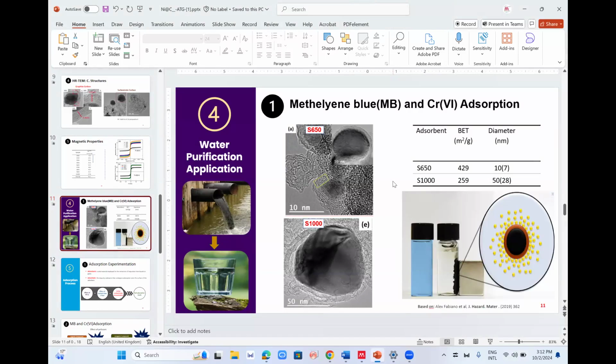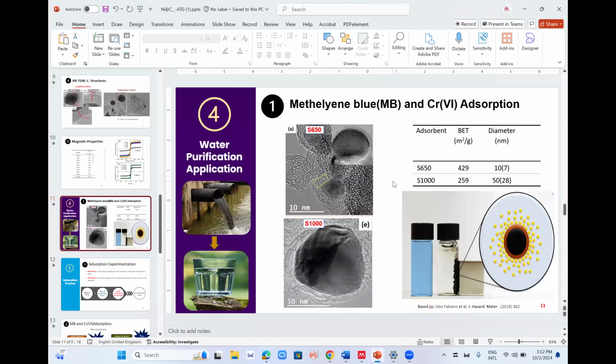Here you are speaking about the nanoparticles, where at lower carbonization temperature we have smaller ones. When you have this application, the first thing you want to look at is the superficial area, the more the better, and also the porosity for absorbing the material.